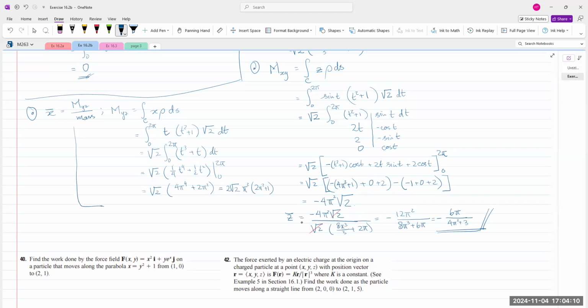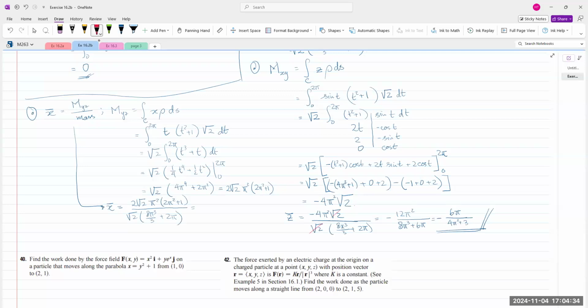So the x bar will be 2 square root of 2 pi squared, 2 pi squared plus 1 over, what is the mass again? Square root of 2, 8 pi cube over 3 plus 2 pi. I should just simplify that earlier.